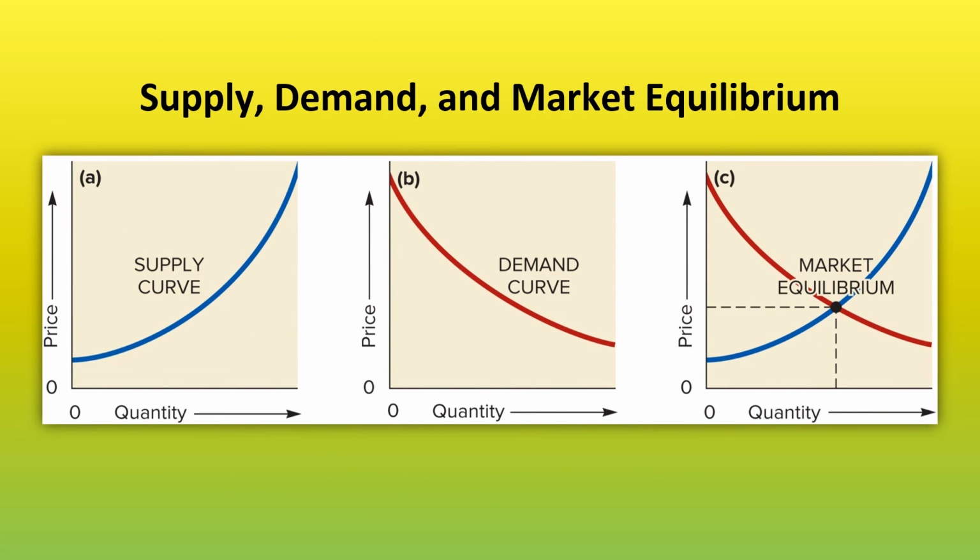All right, supply, demand, and market equilibrium. It's good to take a look at this graph that shows the supply curve, the demand curve, and the intersection at market equilibrium. The regulating mechanism of the free market can be visualized graphically here.